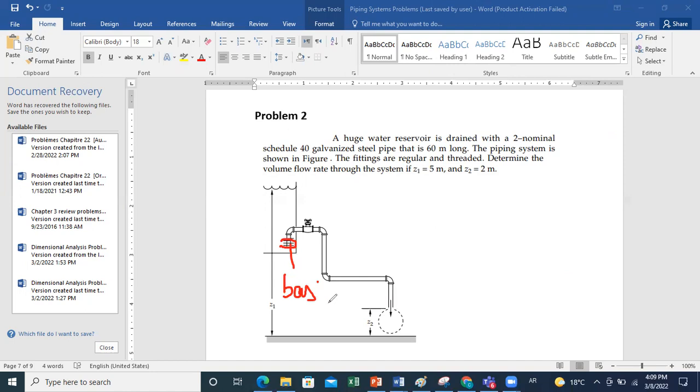In general, whenever you have something new in the figures that you are not familiar with, it will be described for you. And I will tell you in the given, we use at the inlet, when taking water from the reservoir, a basket strainer at the inlet of the piping system, and I will give you the minor loss coefficient of this basket strainer.